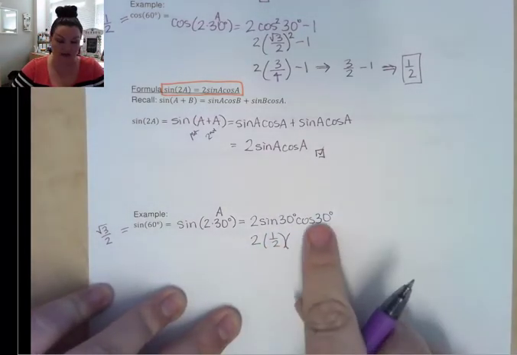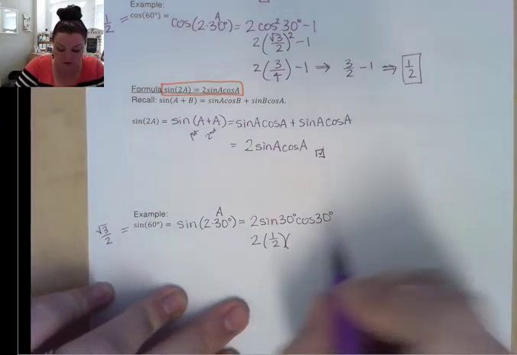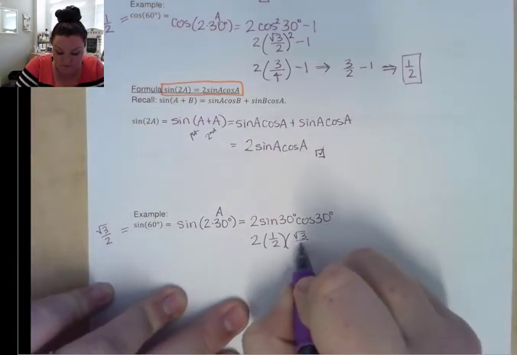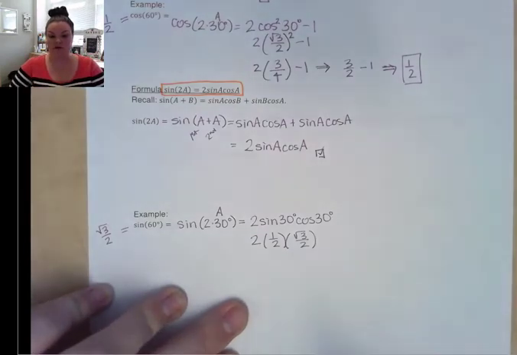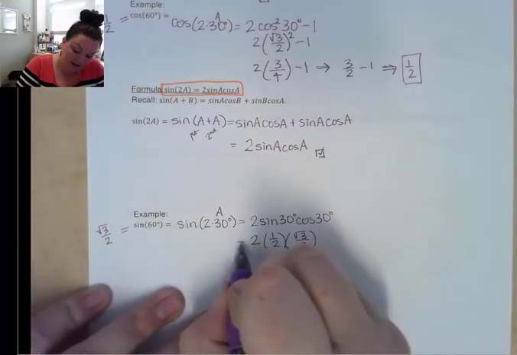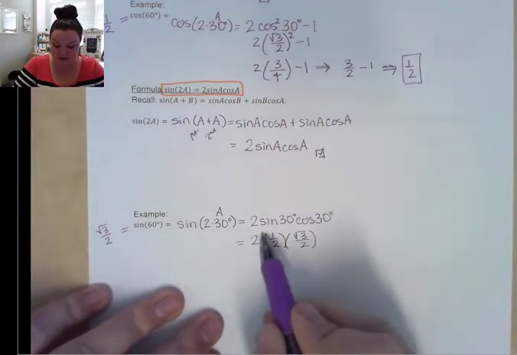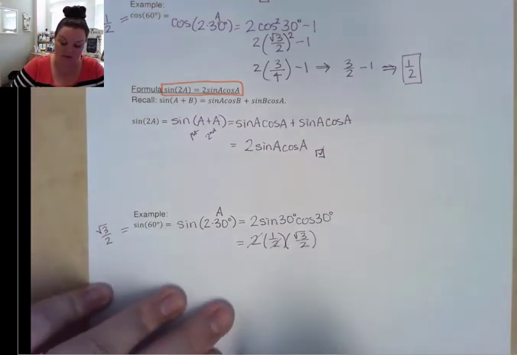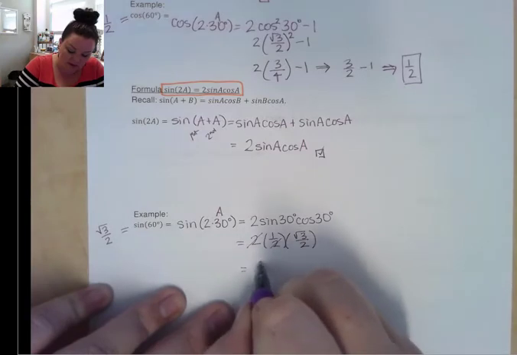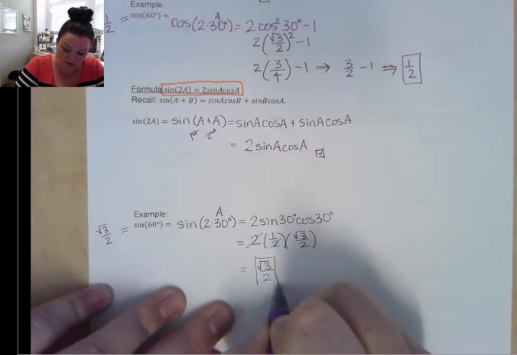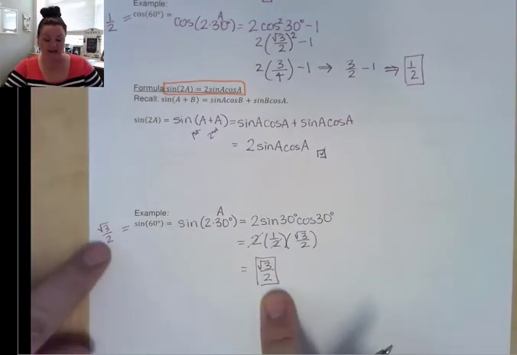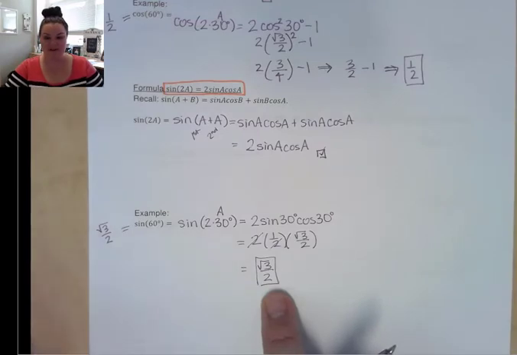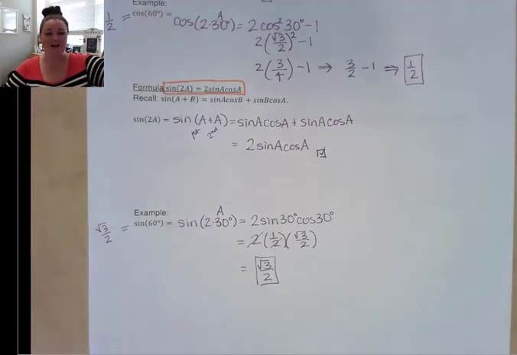And cosine of 30 degrees is square root of 3/2. So notice when we go to simplify this, 2 times 1/2, my 2's will just cancel, and that's just 1, right? So 1 times square root of 3/2 is square root of 3/2, which is in fact what sine of 60 equals. So, yay, it works.